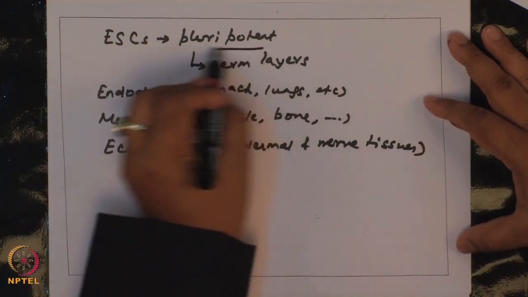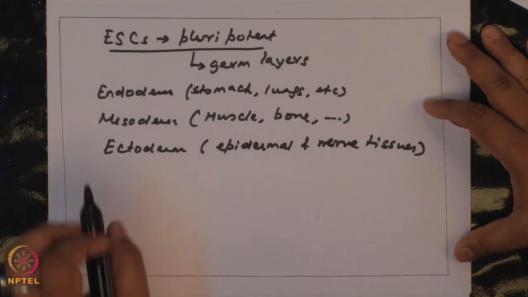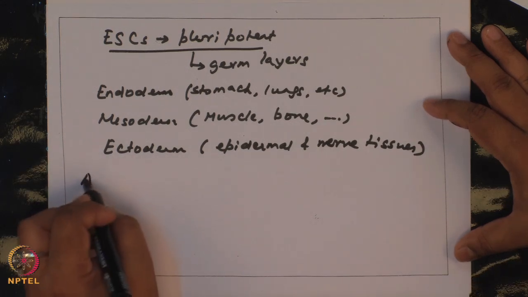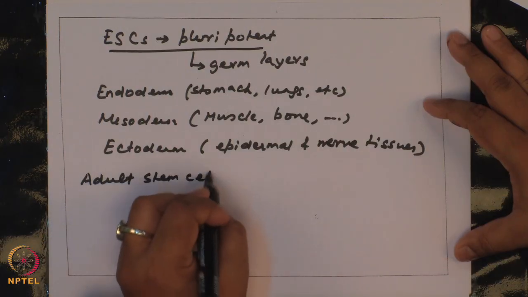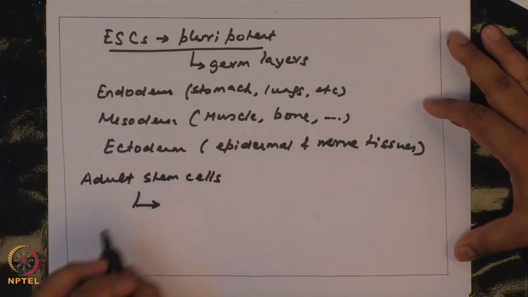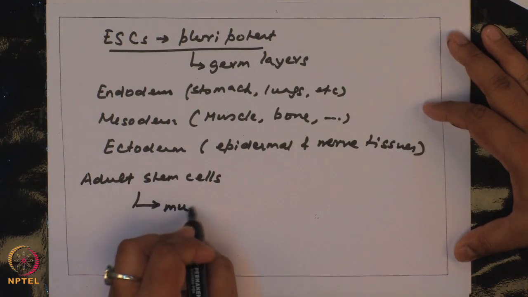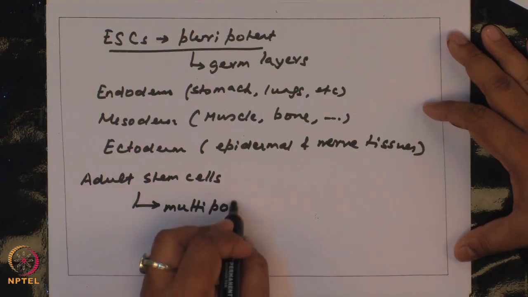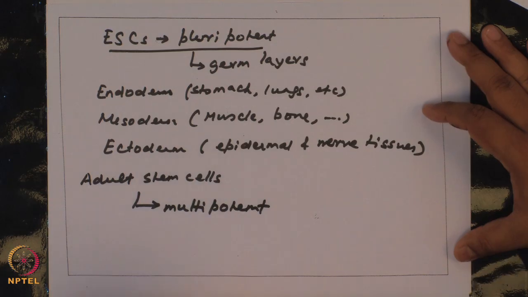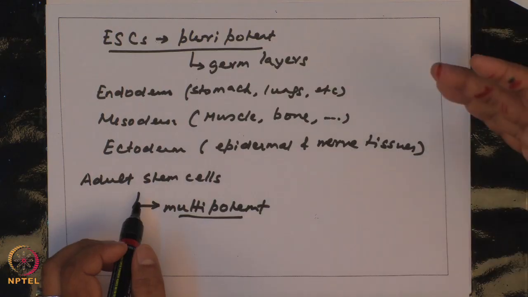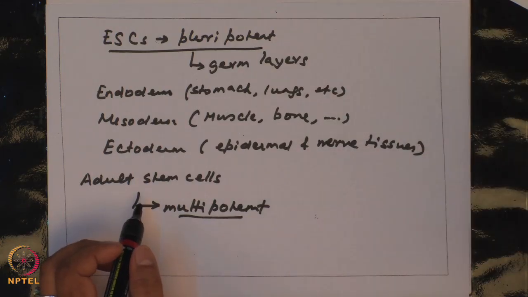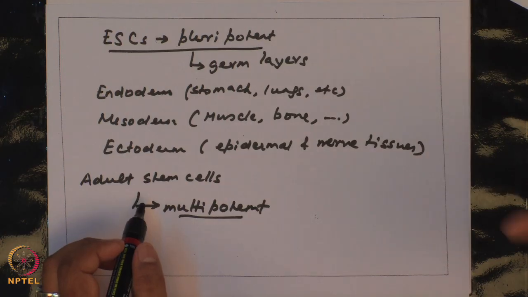So, ESCs are pluripotent. In comparison, adult stem cells are what is called multipotent. Their ability to differentiate into all different cell types is not possible.